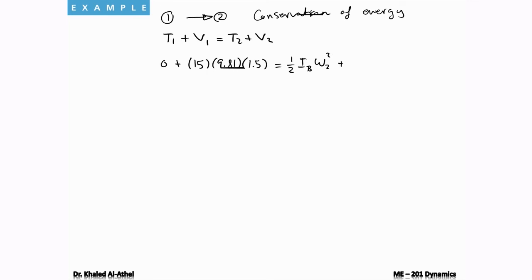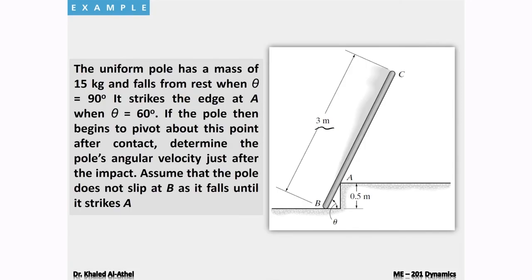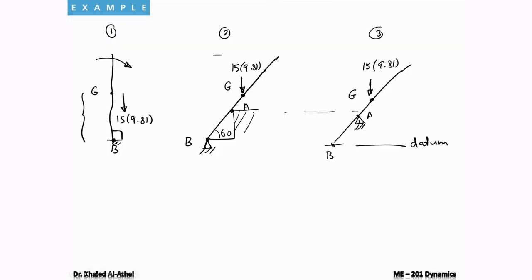Again, I am above the datum, so it's going to be 15 times 9.81 times what is the length in this case. Let's look here. So now at position 2, my center of mass is located here. So I need this distance. Okay, if this is 1.5 and the angle is 60, then you have, this is 1.5, this is 60.